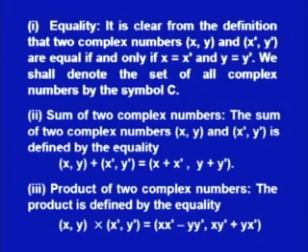Similarly, in the product (2, 3), that is 2 plus 3i, into 4 plus 5i, that will be equal to (2 into 4 minus 3 into 5, 2 into 5 plus 3 into 4).